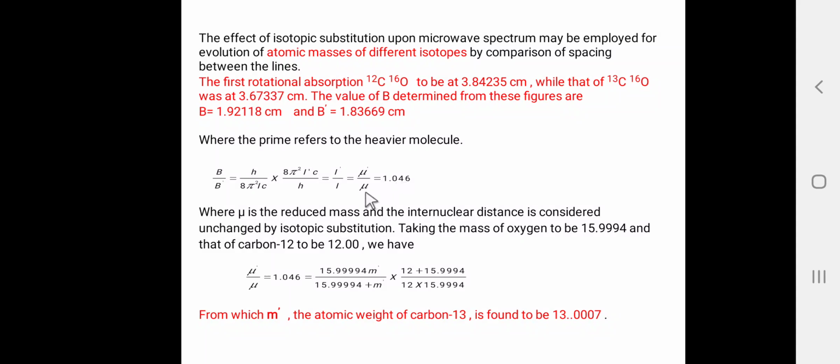This mu is the reduced mass for the carbon monoxide where the carbon 12 is used, while this mu dash is the reduced mass for the carbon monoxide where carbon 13 is used.